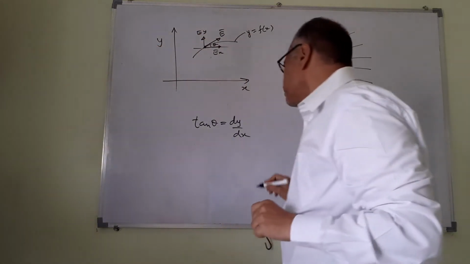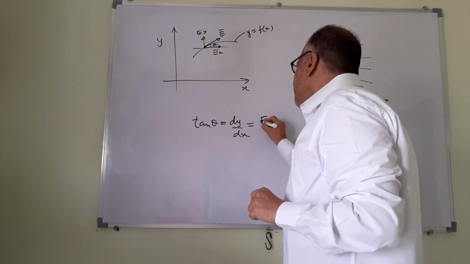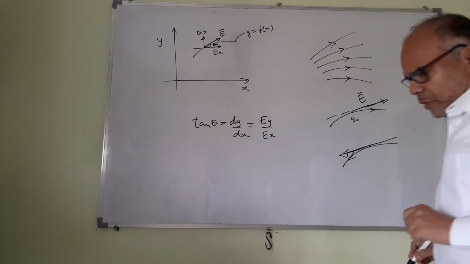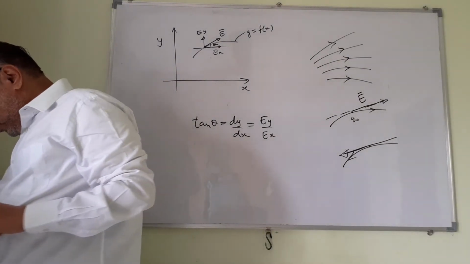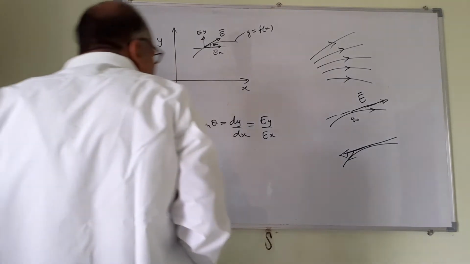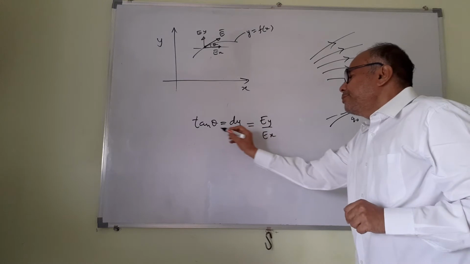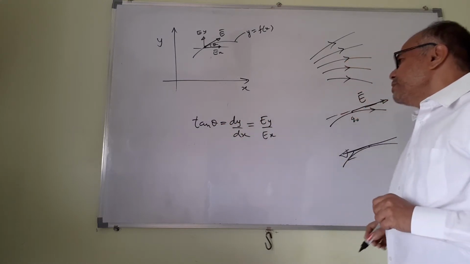So therefore dy by dx can be written as Ey by Ex. Yes, tan theta is equal to dy by dx, so that is Ey by Ex.